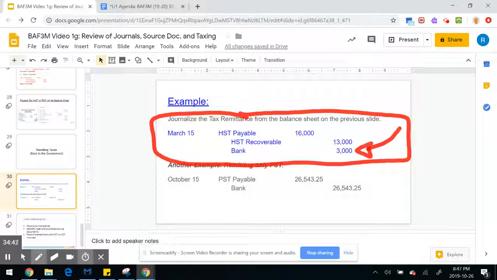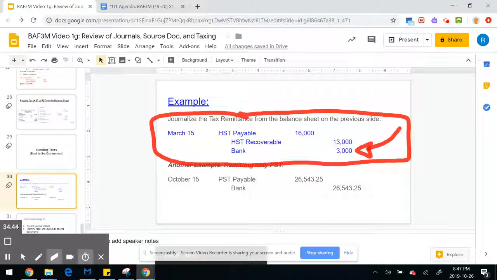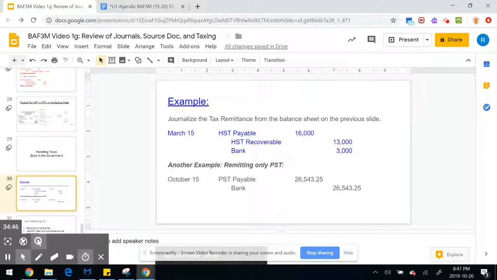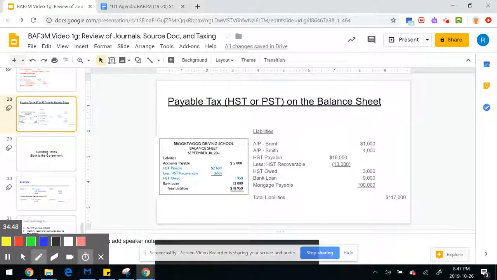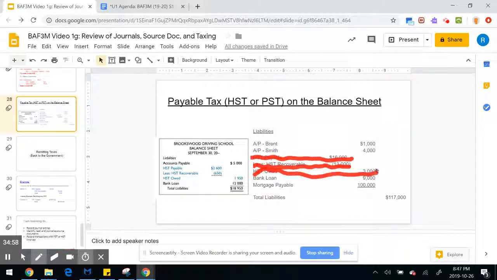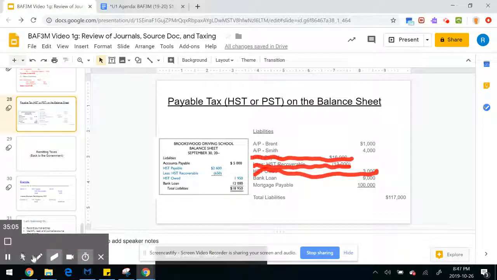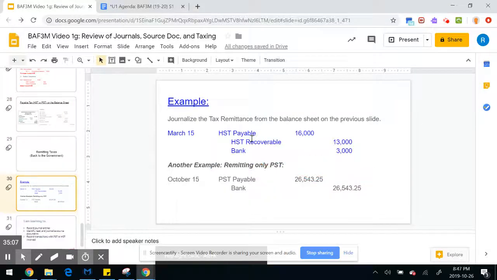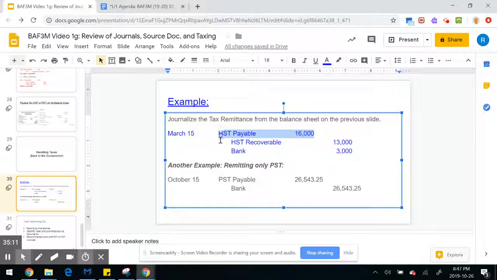This HST payable for $16,000 up here, it disappears, right? Because we've now given that money back to the government. And we've subtracted the HST recoverable, so that's going to have to disappear as well. HST owed would disappear also. So since this liability account, HST payable, is disappearing, that means we debit HST payable for $16,000 because that's what we do when we pay back a liability.